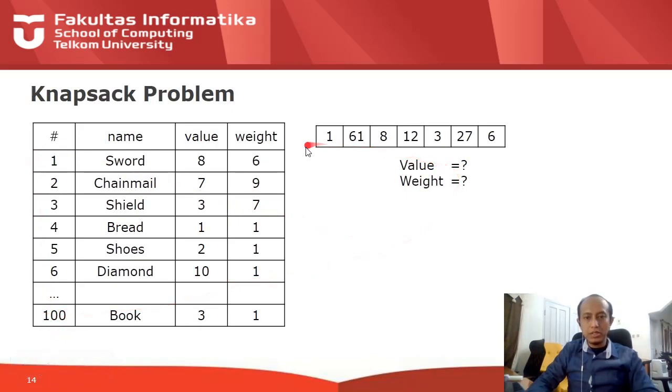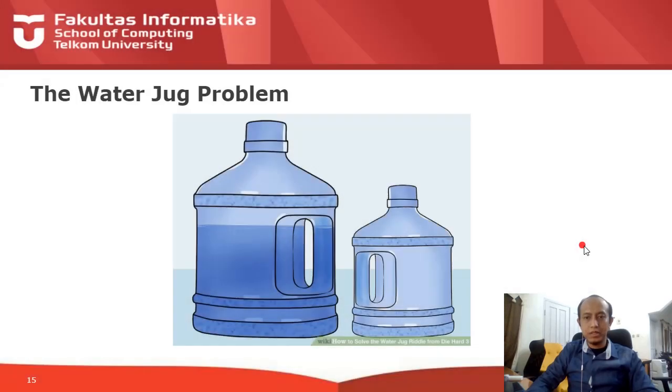Our solution is an array of 6 integers, and each integer represents the index of the item. Okay, meaning we can only fit 6 items here. Now given a solution, we can then calculate the value and the weight.